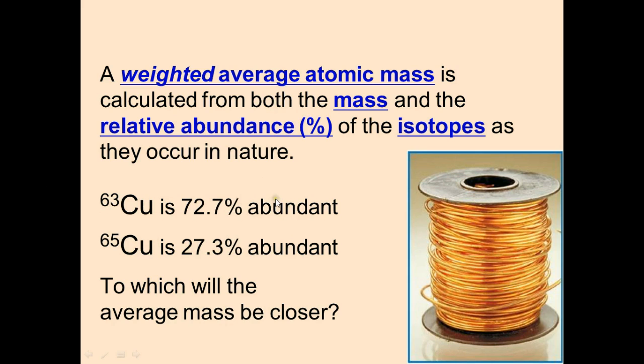If you get 100 on a test twice and then you get 70, the grade is going to be closer to 100 because there's two of them. Same thing in this one. Because there are more copper 63s, it will be closer to 63 than 65.